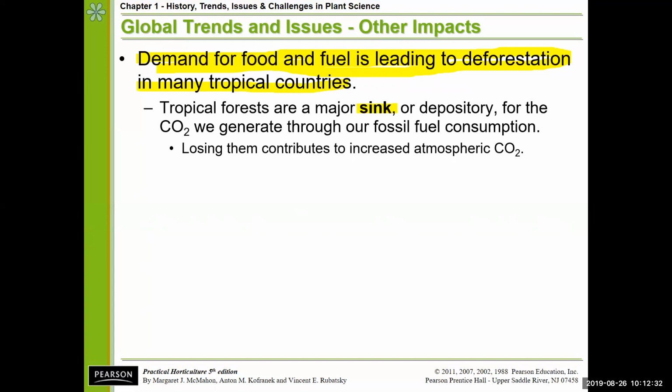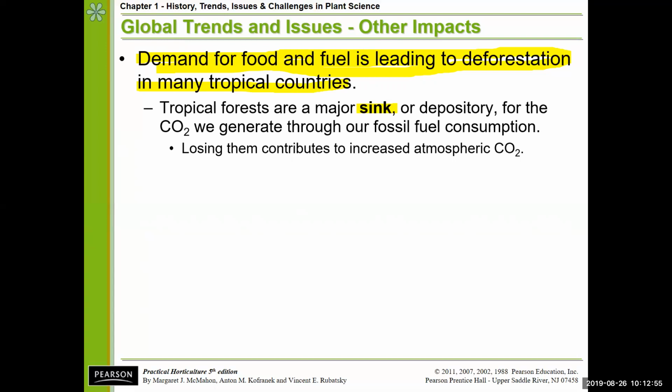So if we look at tropical countries, another prescient news thing here, the deforestation of tropical forests. We'll talk about this in more detail later on. But right now, we know that tropical forests are a major sink of carbon dioxide.